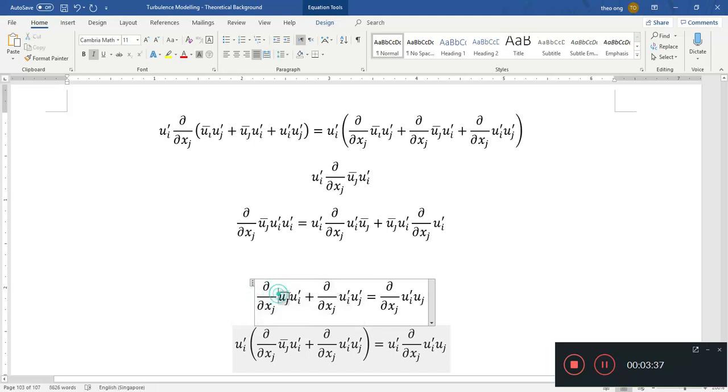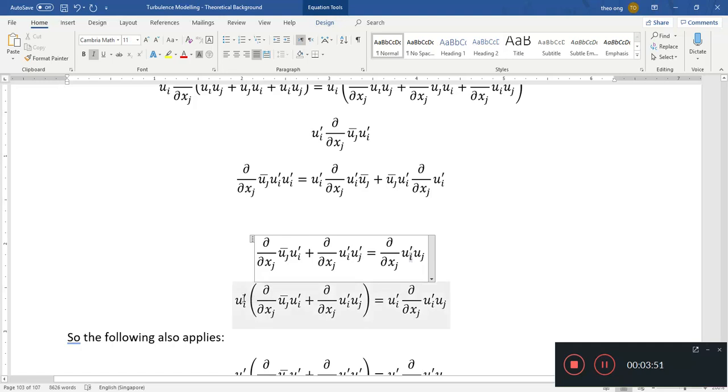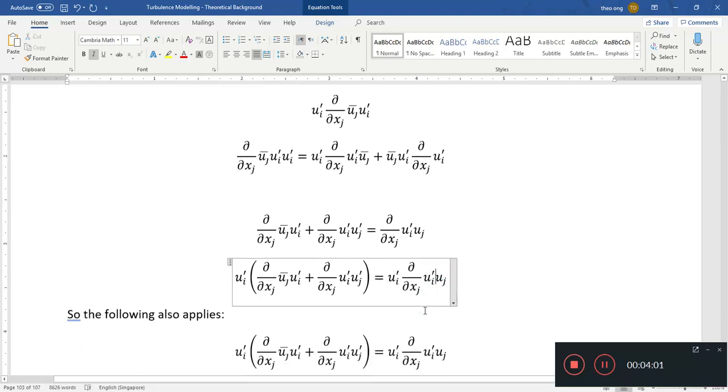So you see uj bar, ui prime, uj prime. Okay, if I add them together, the uj bar and the uj prime will just give you uj. So if you were to do a similar trick, we can actually get the following expression, where ui prime, we just multiply ui prime to this term, and we will have this term over here.